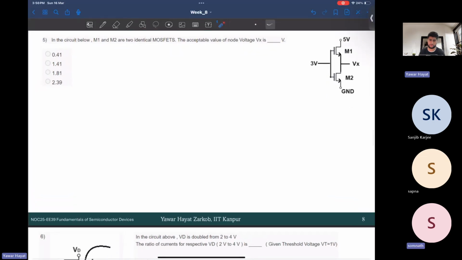So now we have question 5. In the circuit below, M1 and M2 are two identical MOSFETs. The acceptable value of the node voltage is 1.